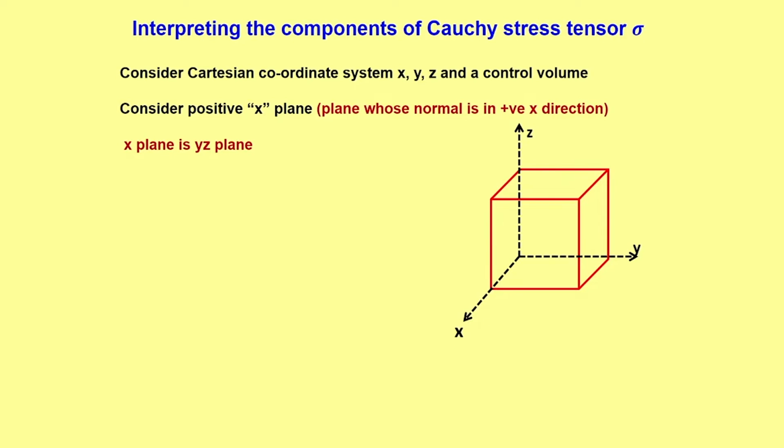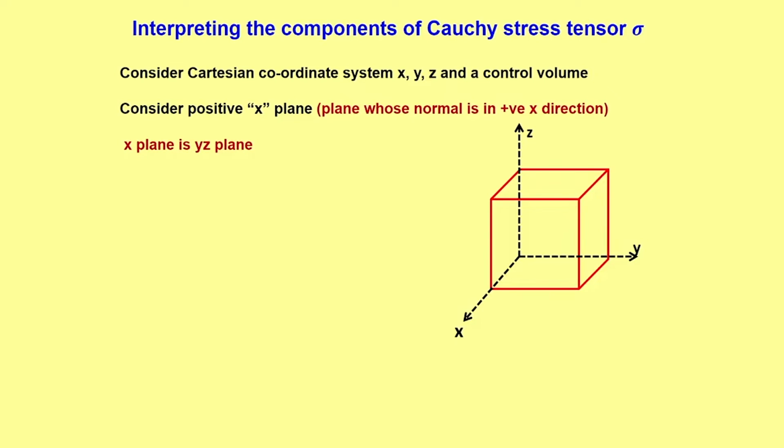So, you have a Cartesian coordinate x, y and z, and to make it simple, a control volume is also shown. Control volume is a very common terminology which is used in continuum mechanics or any other form of mechanics.